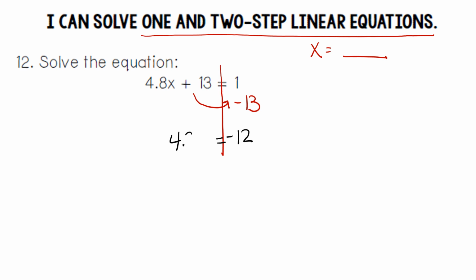The 4.8x stays the same because we did not use that part of the problem yet. The 4.8 and the x side by side means multiply, so we do the opposite, we divide. -12 divided by the 4.8 gives us an answer of -2.5.